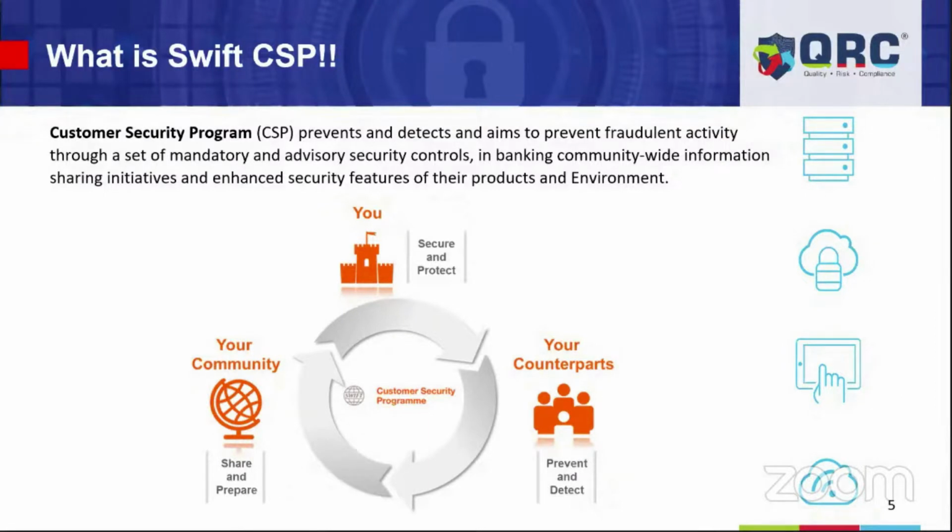But at the same time, once you are secured, there are provisions in the CSP to make sure your counterparts also follow good practices, so that you can help them prevent any kind of attacks coming through the counterparts. So it is always give and take. It's not only about our organization, but also whoever connects with us.